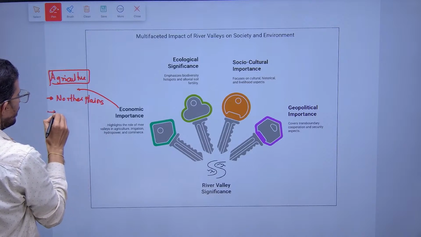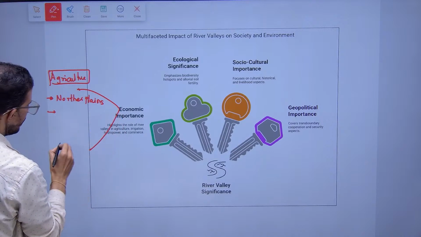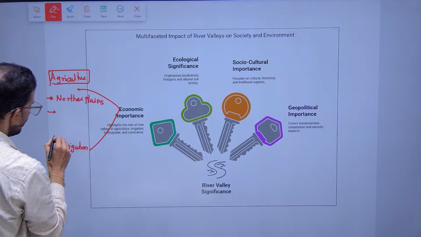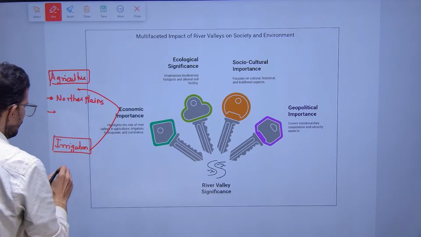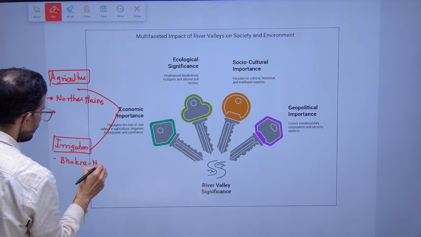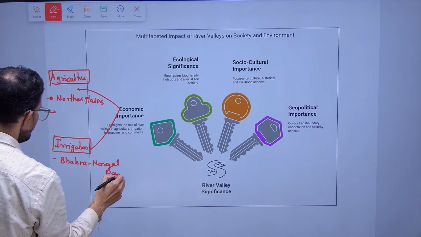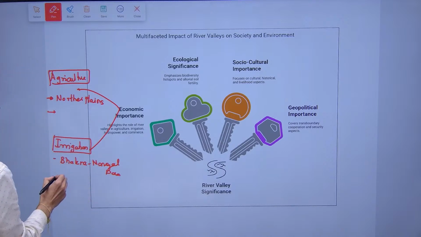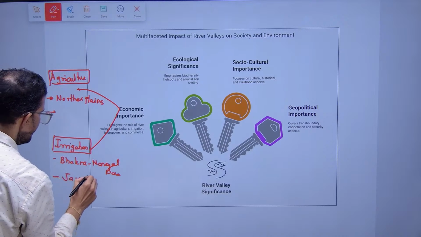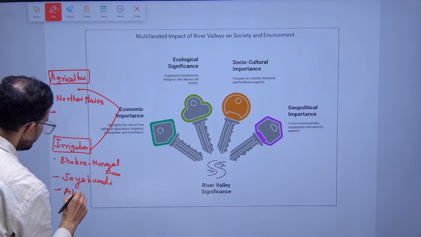Yes. Then with respect to irrigation, we have seen the Bhakra Nangal Dam, Jayakwadi, Almatti Dam.